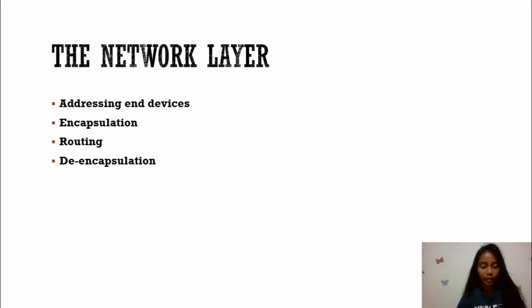So we have here the network layer. We have the addressing and device, encapsulation, routing, and de-encapsulation. For the addressing and device, it must be configured with a unique IP address or identification on a network.